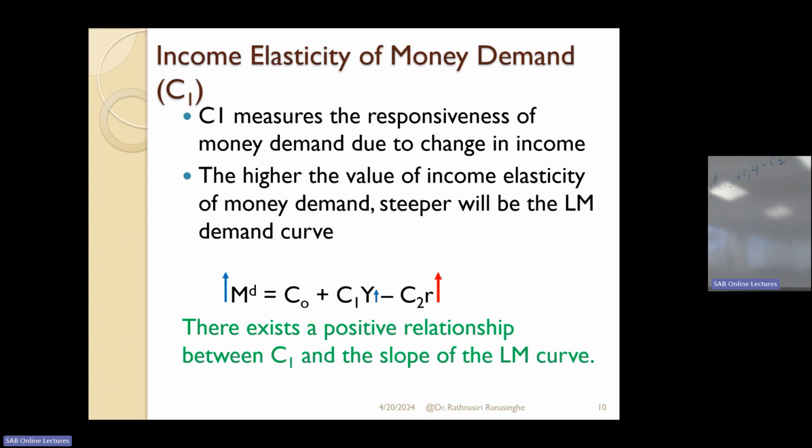So what happens? Now we can recall the money market. Income increases, and money demand under the transaction and precautionary motives increases as a result. And because we assume C1 is high, the increase is larger. Then is the money market in equilibrium or disequilibrium?